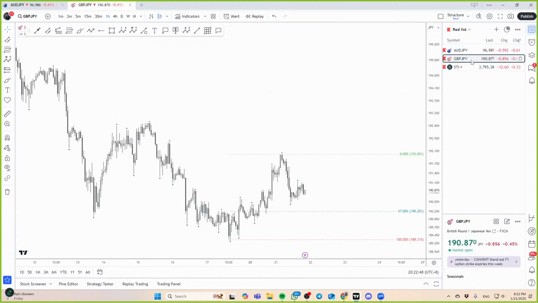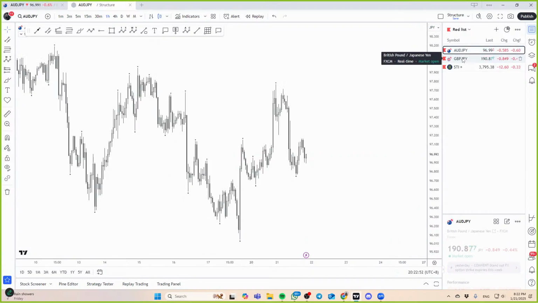Aussie yen and pound yen very, very similar. Okay, so I think the part here is, again, you ask yourself, are you comfortable taking a yen trade in a week where there is more uncertainty in the markets due to political aspects coming in from the US? Okay, that's the only thing you want to add in terms of this week.